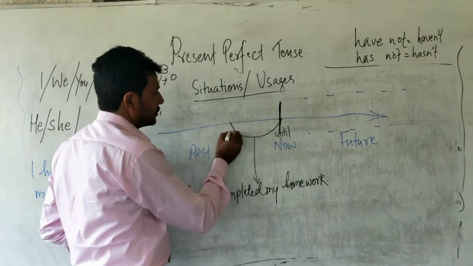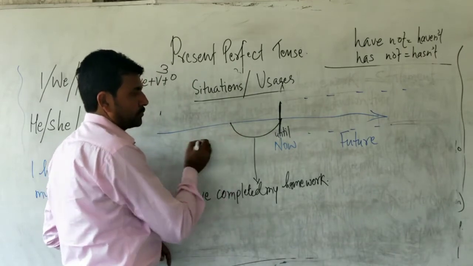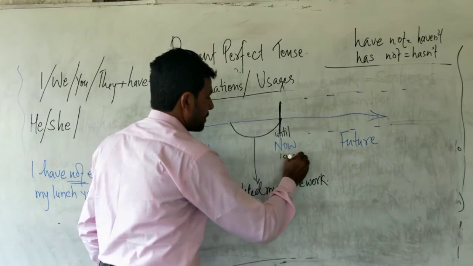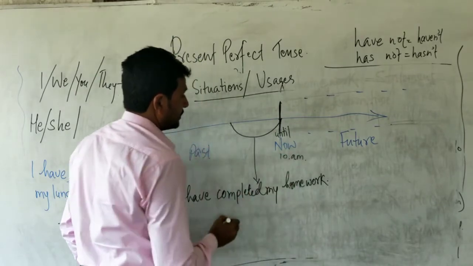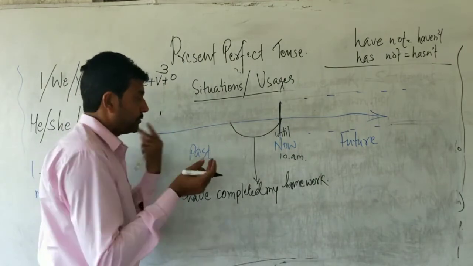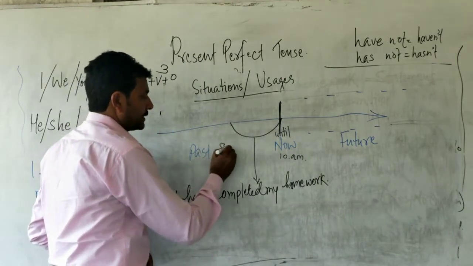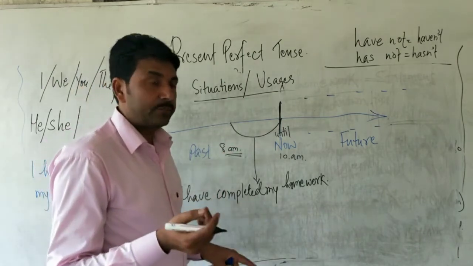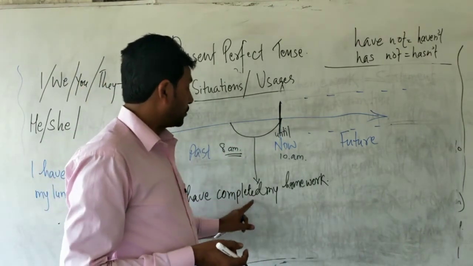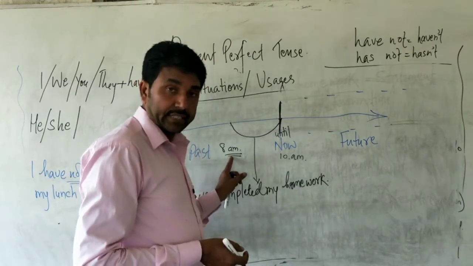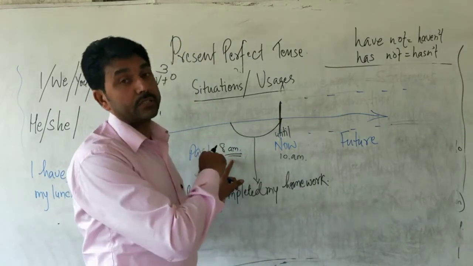For example, this is 10 a.m. So 2 hours before, 2 hours ago, means this will be 8 a.m. If you know the exact time, for example, you completed your homework at 8 a.m., then it will be in the past simple.